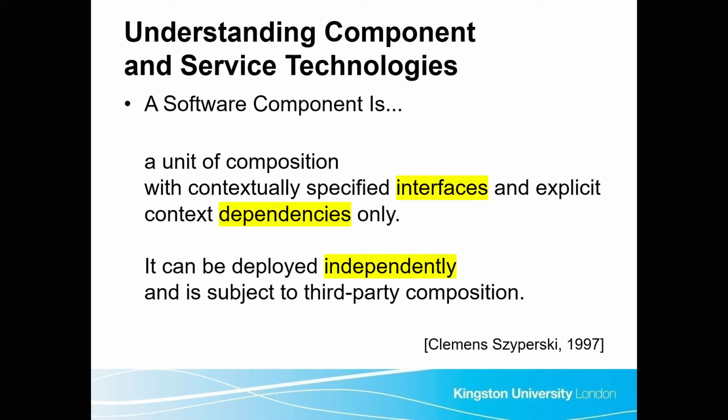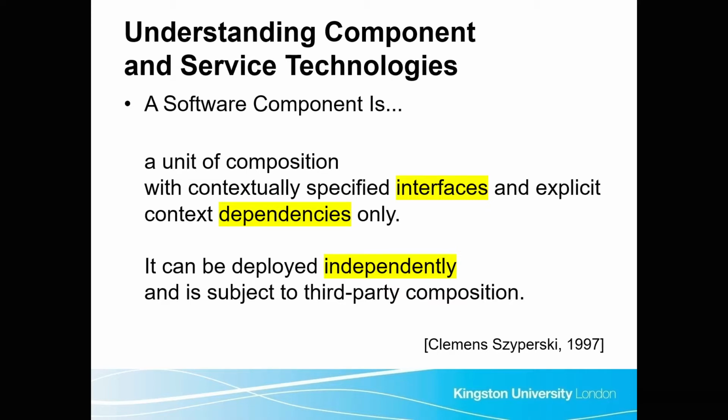Please note some key aspects of this definition. First of all, this definition tells us that a component should have an interface. An interface is a kind of agreement. We specify this component will provide these services, these functions to the world outside.